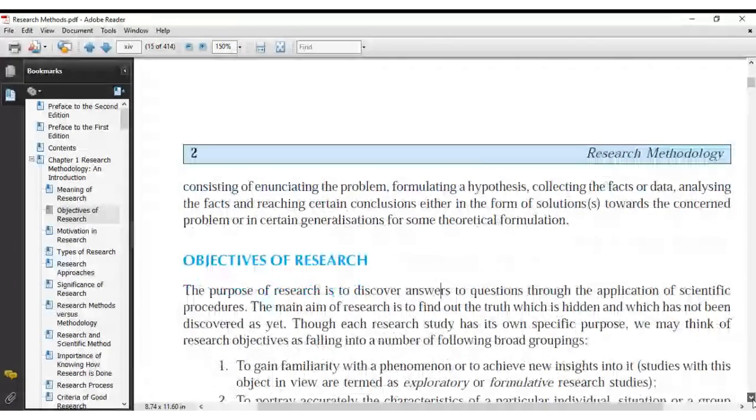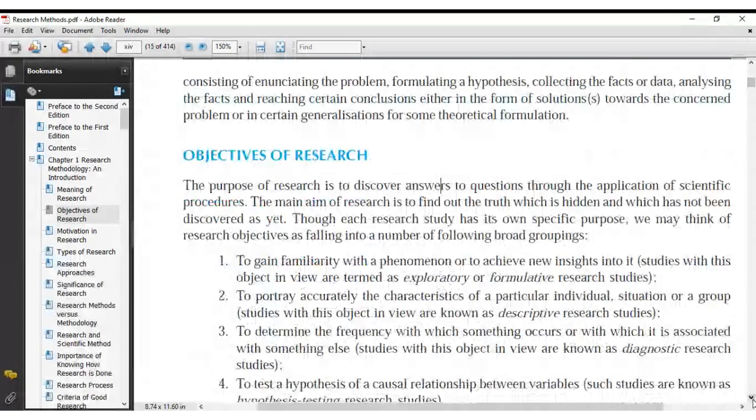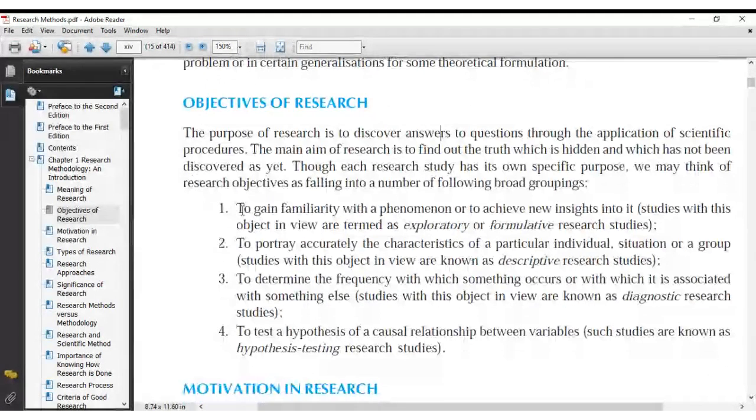Number one, the first objective of research is to gain familiarity with a phenomenon or to achieve new insights into it. For instance, if I tell you, go research about online commerce, or what we call e-commerce, one of your objectives is to understand how e-commerce works, how customers do e-commerce, or how companies sell their products online.